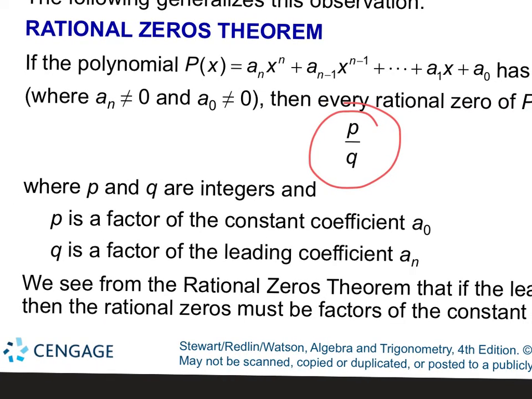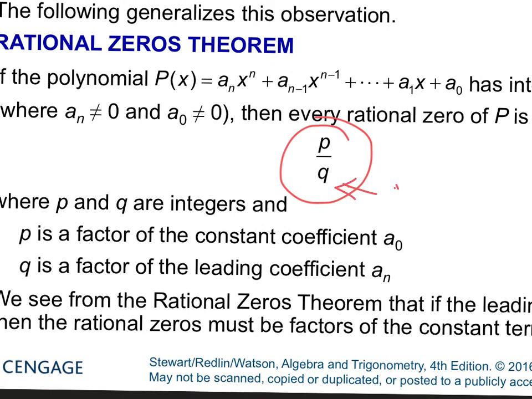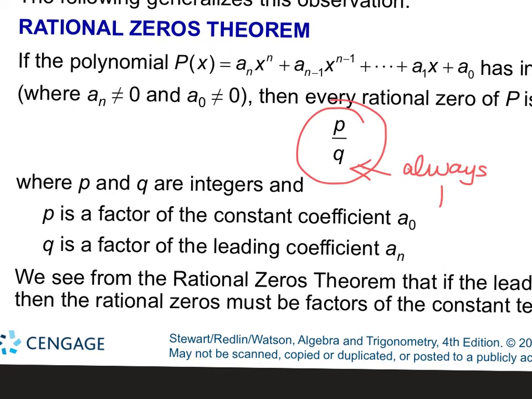In our case, for college algebra, the Q is always going to be 1. Now, in math, it's not always 1, but for our purposes, our Q is always going to be 1. So, in a sense, the only thing you really have to focus on is that last number of the equation, okay?